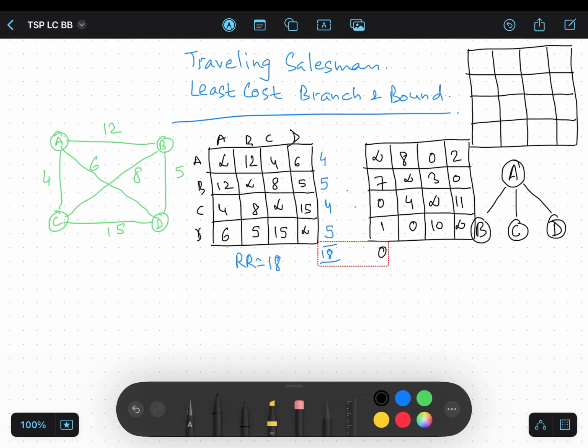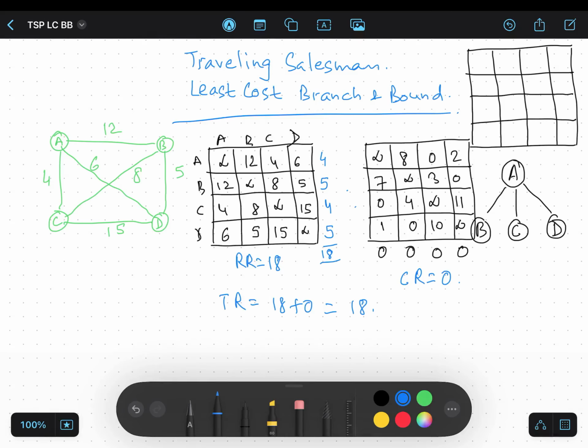The minimum value in the first column is 0, in the second column is 0, 0, and 0. So we don't have to do anything because when we subtract 0 from every value in the column, the values remain the same. So we say column reduction is 0 and our total reduction is 18 plus 0, which is 18.